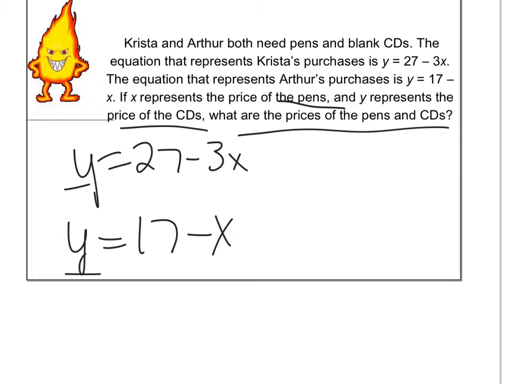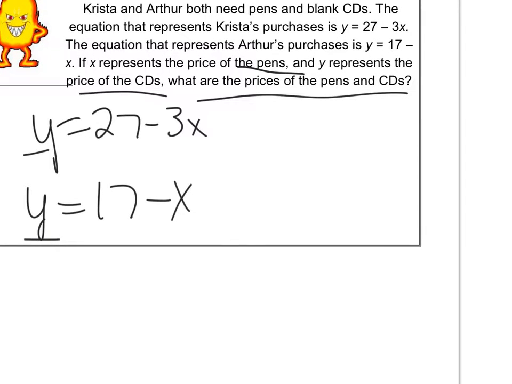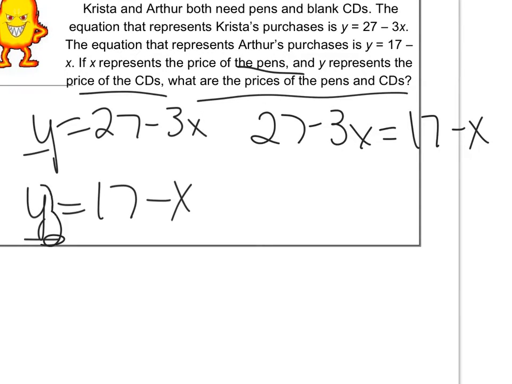If they're both equal to y, that means they're equal to each other. So 27 minus 3x is going to be equal to 17 minus x, because y represents the price of the CDs, and the CD doesn't change by person. So they're the same for Krista that they are for Arthur, so that's going to be equal to each other.